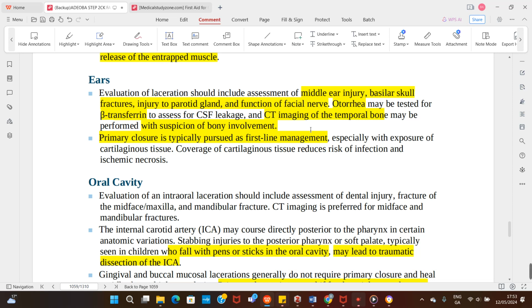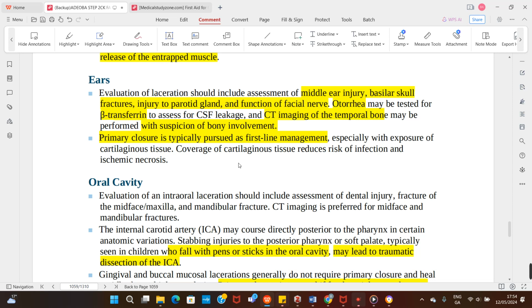Just find a way to cover it to prevent exposure of the cartilage, because there's a high tendency of infection and a high tendency of ischemic necrosis of that area, because the blood supply will have been compromised. So find a way to reappose that area so that you can restore the circulation and limit infection, right? You can limit infection.